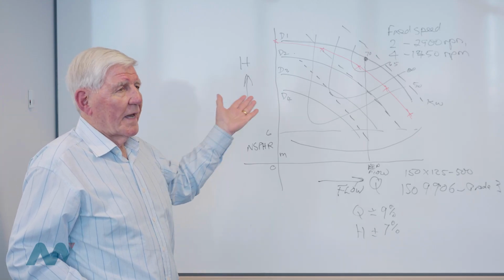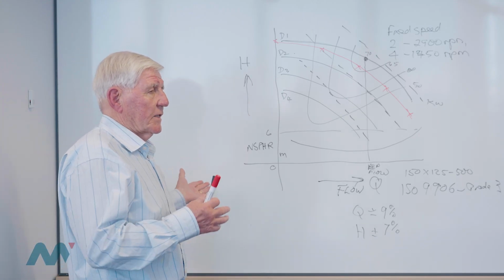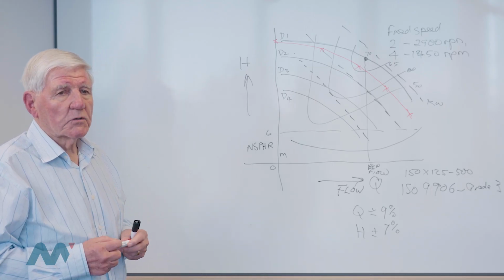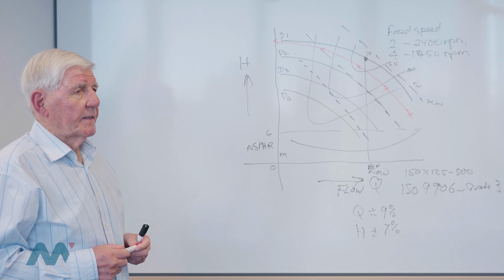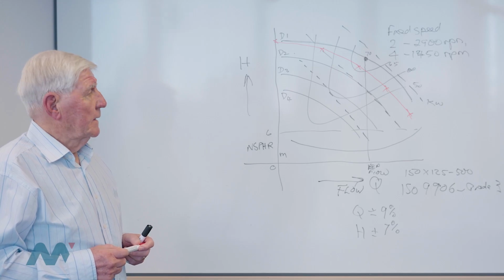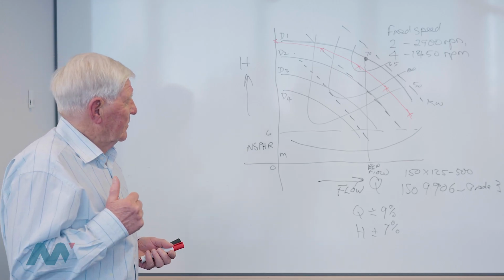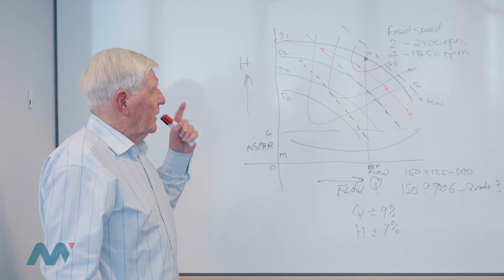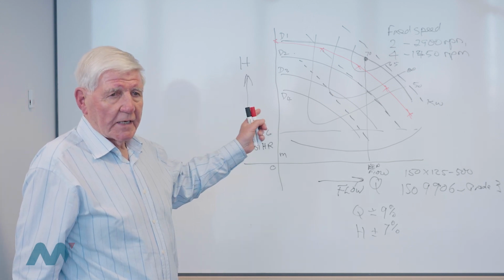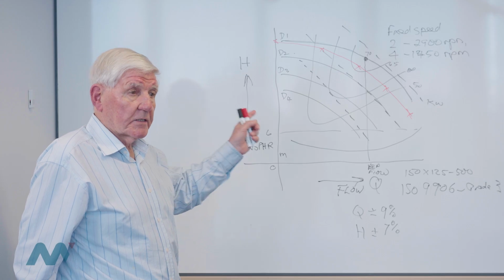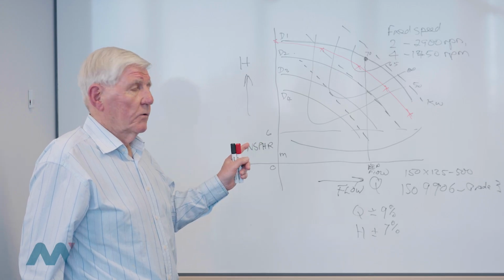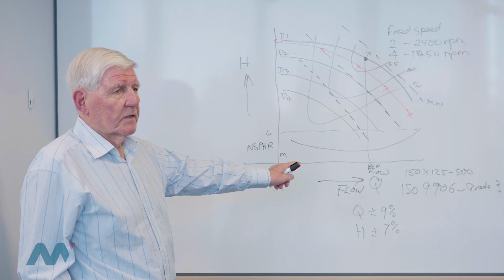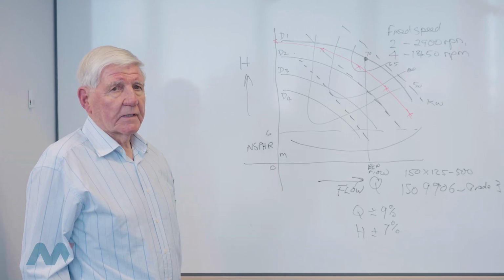So if you're looking at a pump performance curve and matching it to a system curve, you have to be very careful about where your actual operating pressure will end up. So the message here is understand exactly what the performance curve is telling you. Understand what it does tell you and what it doesn't tell you, and the test standard which gives you the accuracy of the information that's contained in that document.